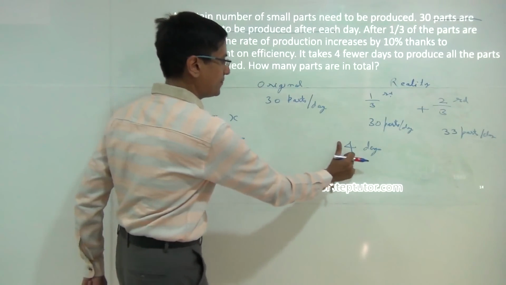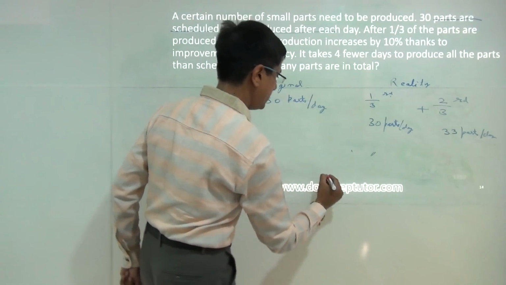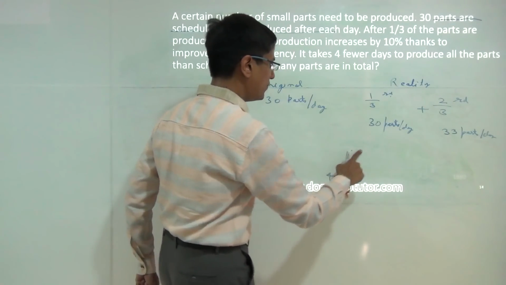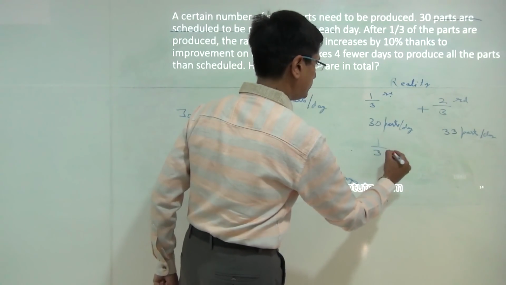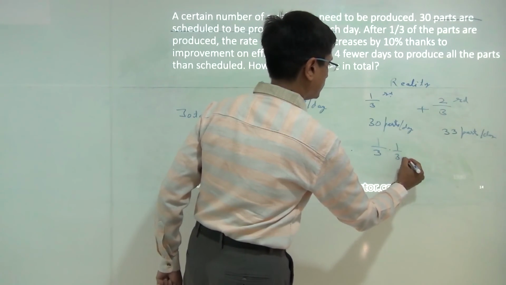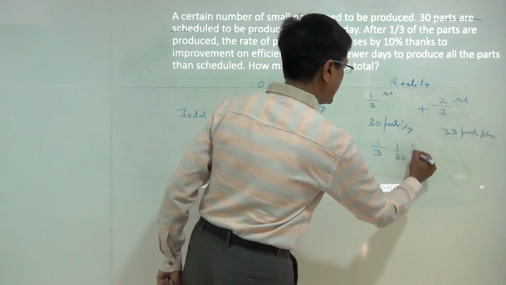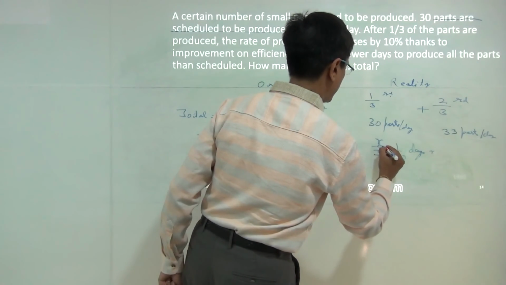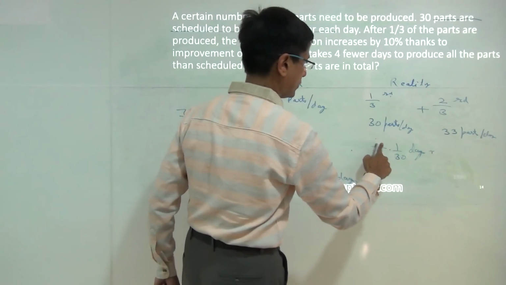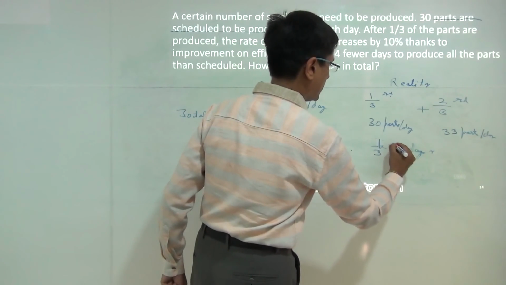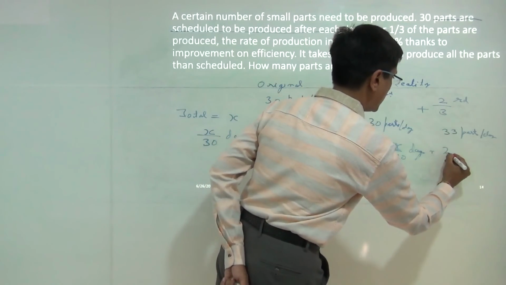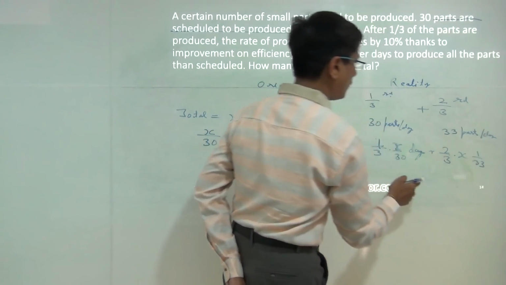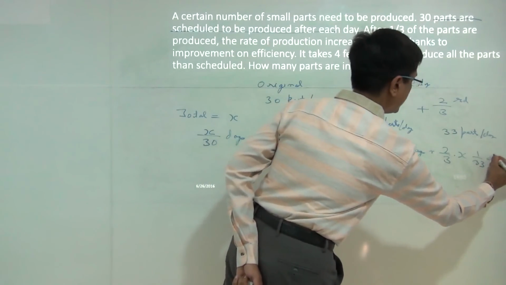In reality, how many days does it take me? So 1/3 of the parts would be completed in these many days, that is 1/3 X by 30, and then 2/3 of the parts would be completed in these many days.